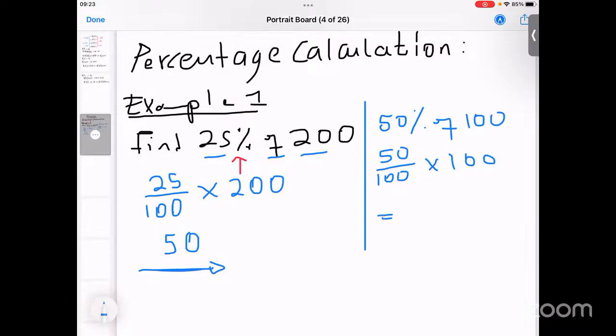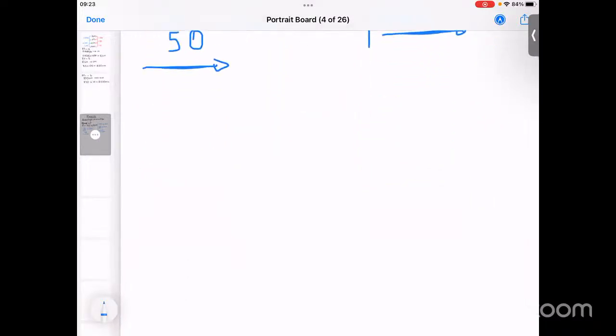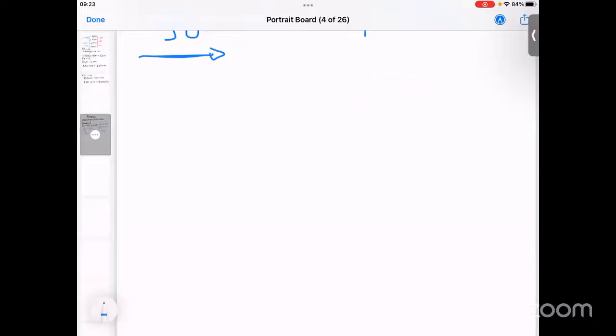Definitely this is going to be 50. So that means 50% of 100 is 50. That being an example that I just added to example number 1.